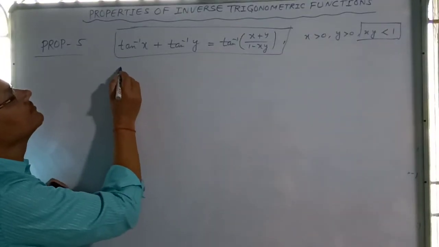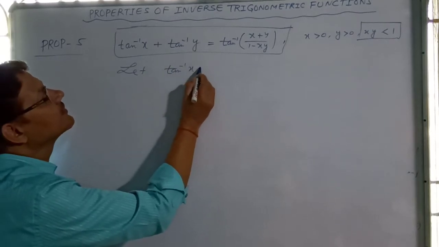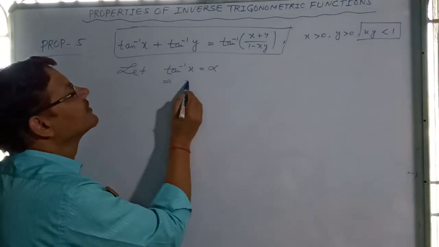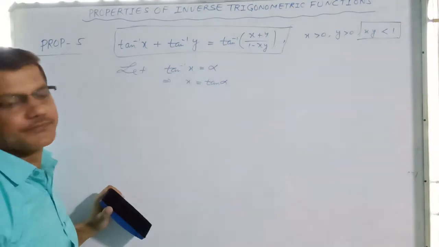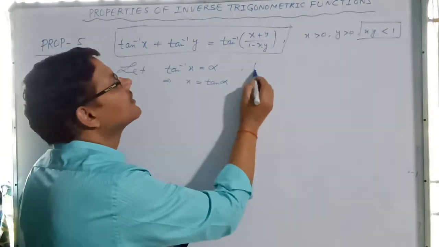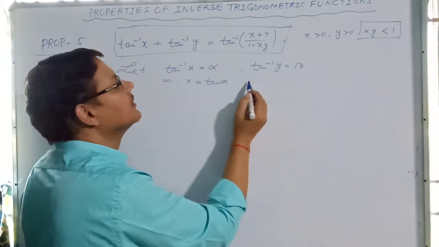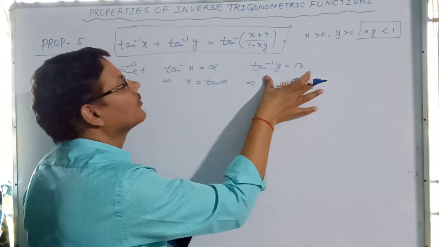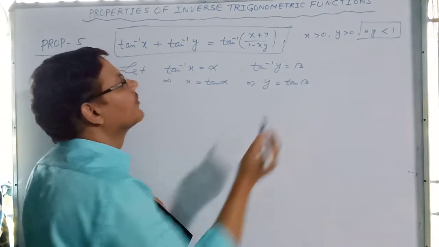Now here we let tan inverse x be equal to alpha. It implies x is equal to tan alpha. Now the second term, tan inverse y is equal to beta. It implies y is equal to tan beta.